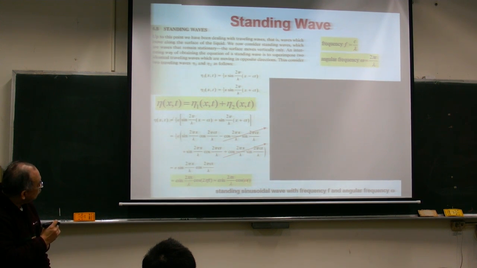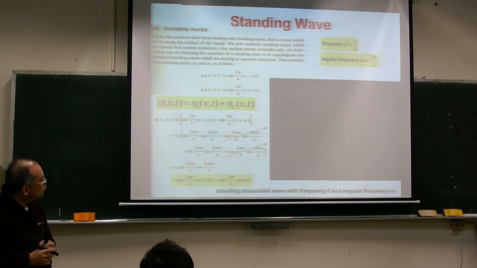At a certain point x, the sine of 2 pi x over lambda will be equal to 0. That's our node.